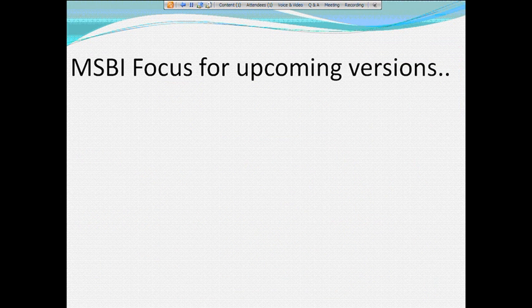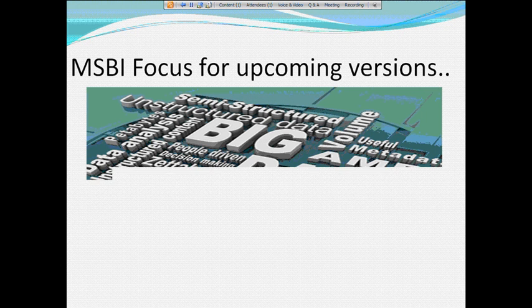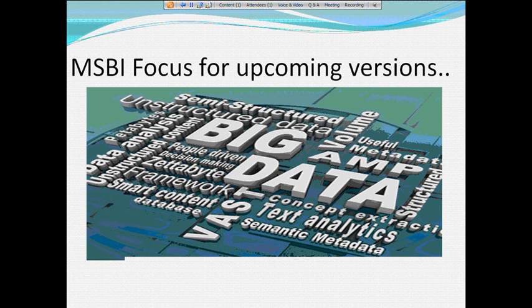Now, we just talked about the core components of MSBI. Lastly, I also want to talk about the upcoming features of MSBI, what Microsoft is focusing on in the upcoming versions. And the answer is big data. That's the word. Semi-structured, unstructured data, text analytics, semantics, metadata.